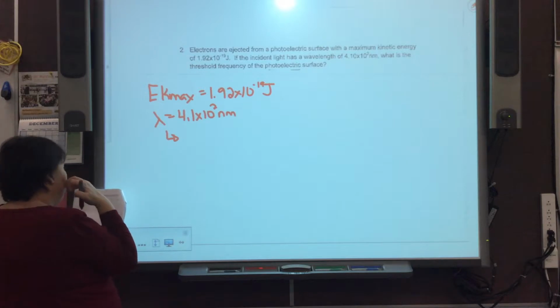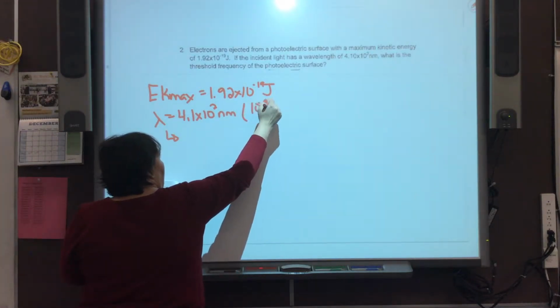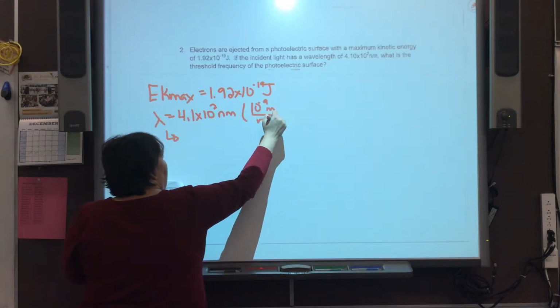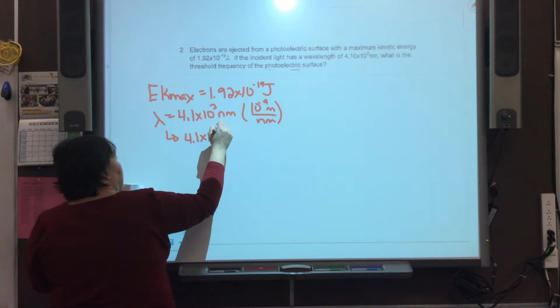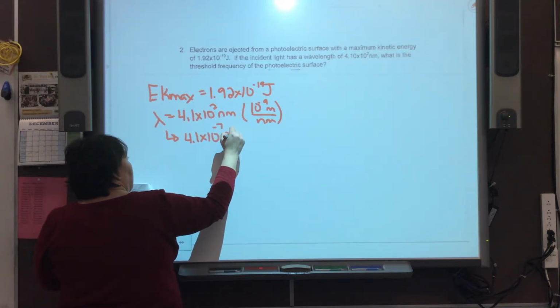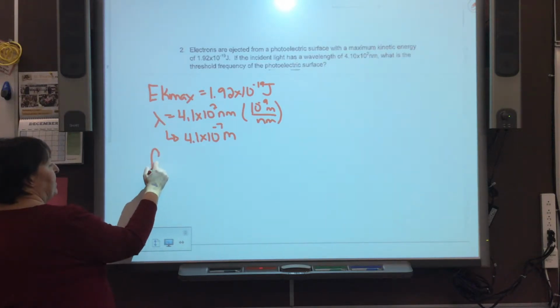When we look at putting in meters, we get 4.1 times 10 to the negative 7 meters. And we're looking for the threshold frequency.